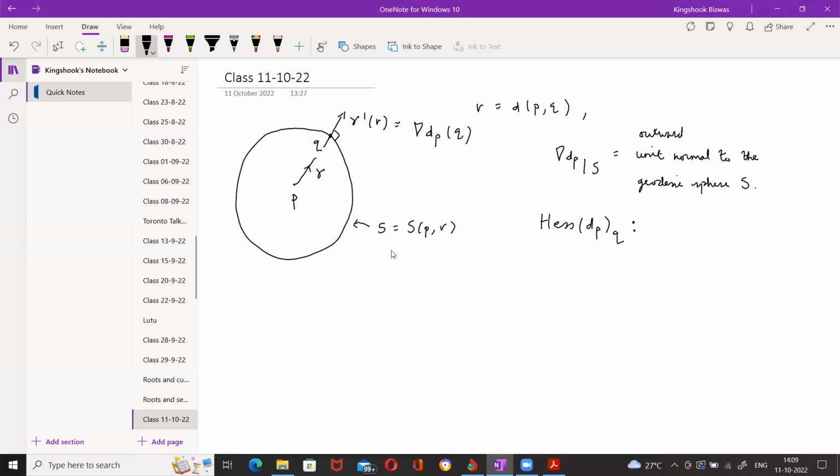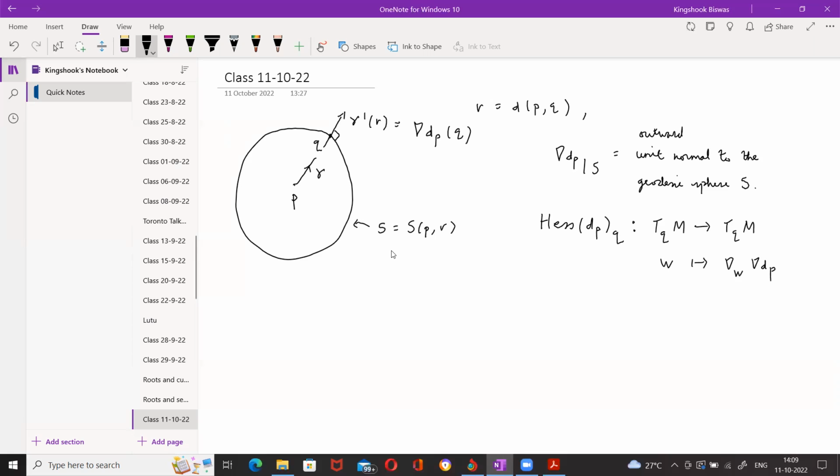It goes from the tangent space at Q to the tangent space at Q. It is defined by W going to nabla sub W of the gradient vector field.